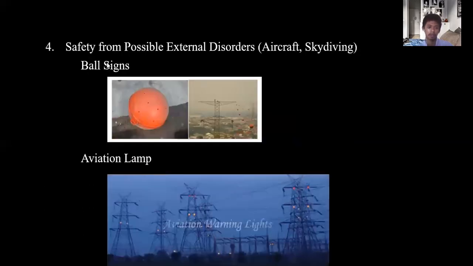Next is safety from possible external disturbance, such as aircraft or skydiving. This component serves to signal the pilots of aircraft and ship vessels about the existence of the SUTT or SUTET transmission line.